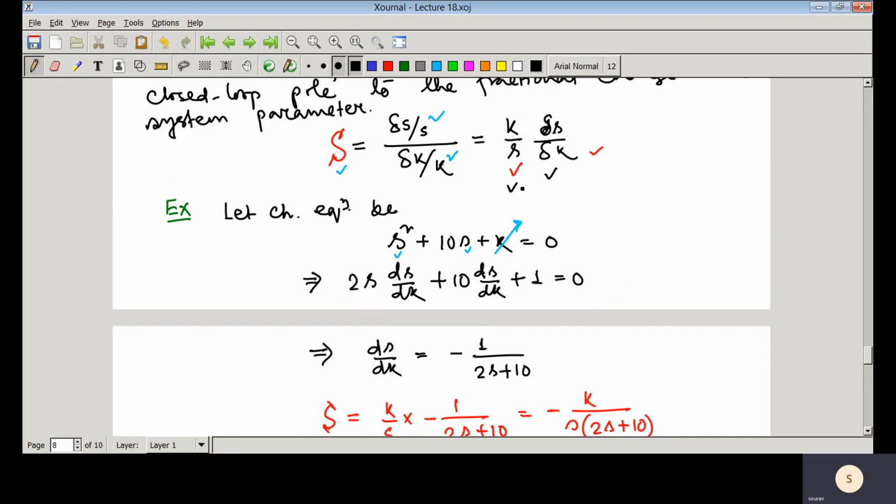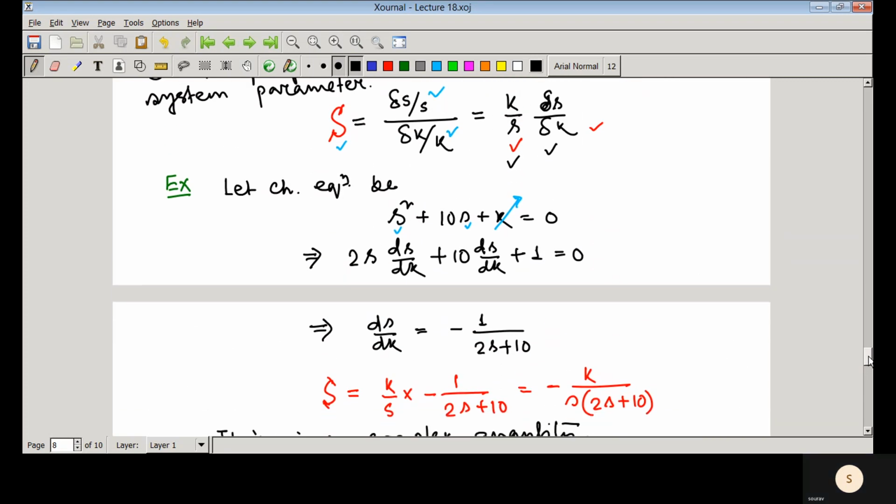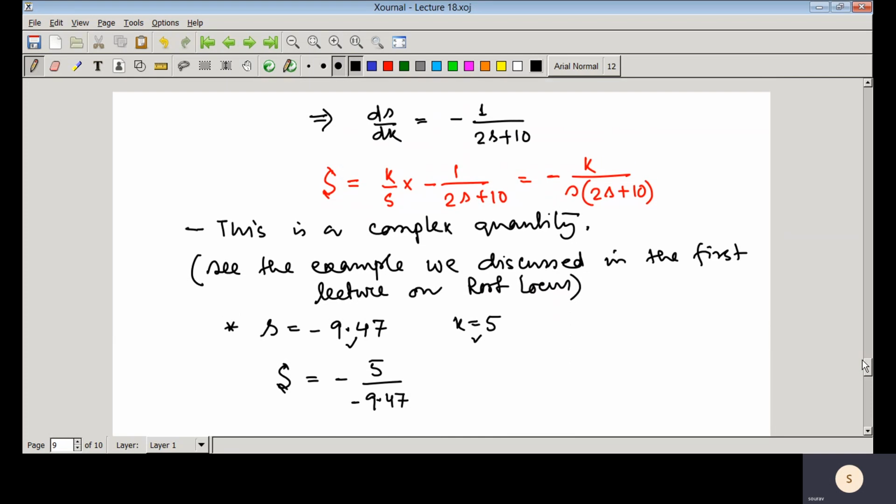We are just replacing K by S and del S by del K. Del S by del K we have already calculated, so if you replace it here, that is minus 1 by 2S, where S is minus 9.47, into 2 plus 10.